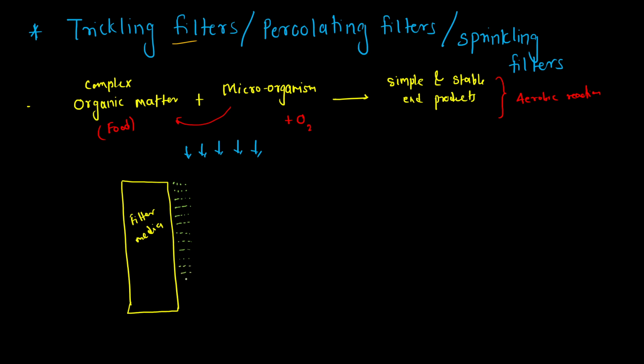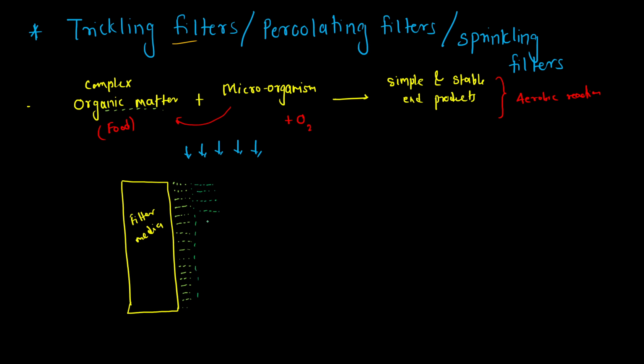Slowly as the sewage, or we can say the wastewater, is flowing, what happens? Whatever organic matter is present in the wastewater is taken by the microorganisms, and their thickness keeps on increasing. Now you just see here, after a particular level of thickness, this thickness keeps on increasing.